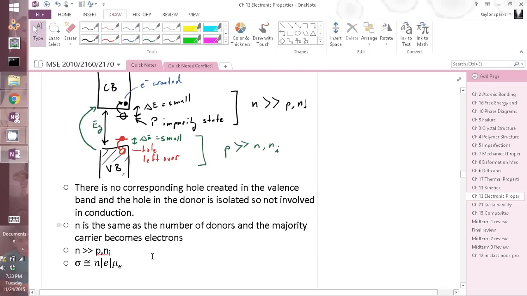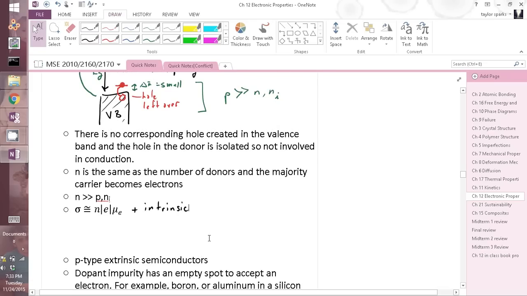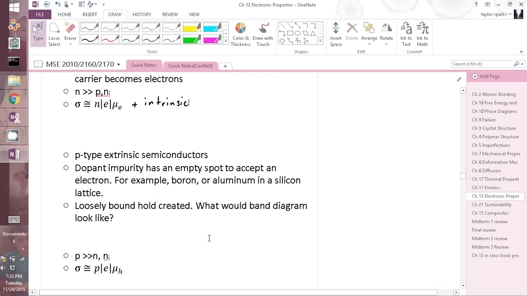And so we can modify our expression to say it's essentially just equal to either one or the other. Of course, this is technically plus whatever value is coming from the intrinsic case, but oftentimes that's very small compared to the extrinsic case. So for p-type extrinsic semiconductors, we'll say that the dopant impurity has an empty spot.